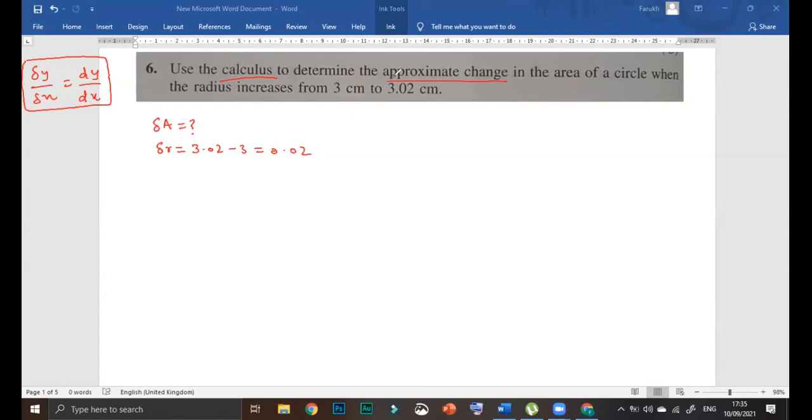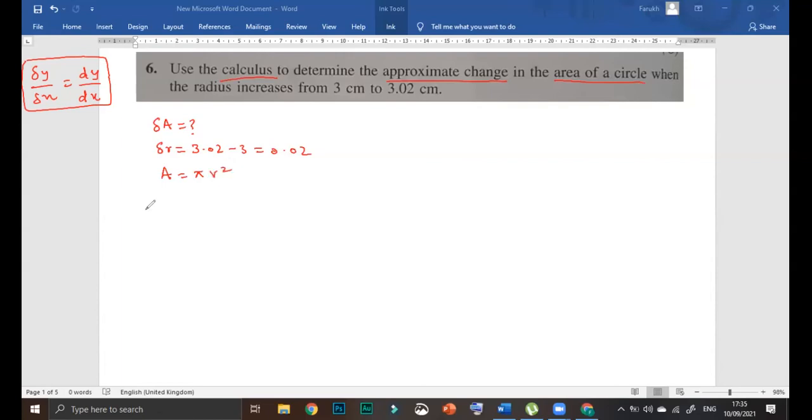Now, in the question, he is giving the information about the area of the circle. So we will write down the formula for the area of the circle. A is equal to pi r square.